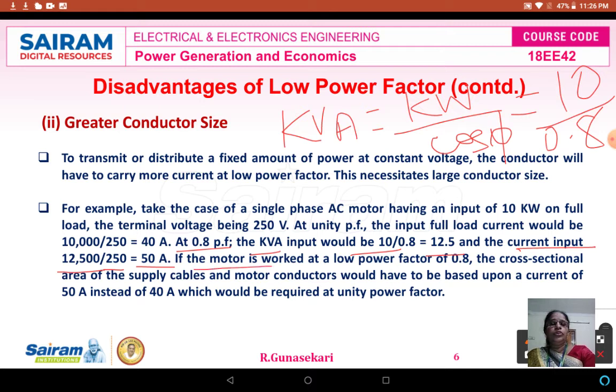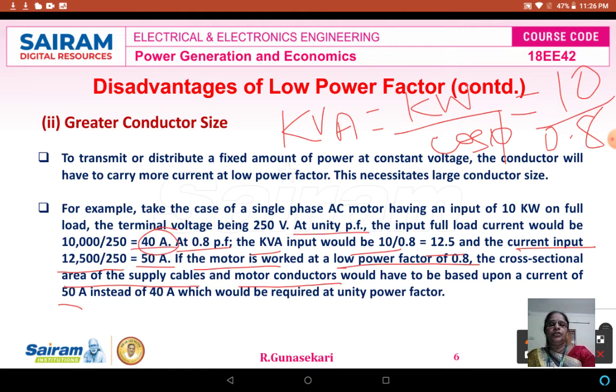So if the motor works at a low power factor of 0.8, the cross sectional area of the cable as well as the motor conductors is based on the load current, that means 50 amps instead of 40 amps. Because at unity power factor the current is only 40 amps.